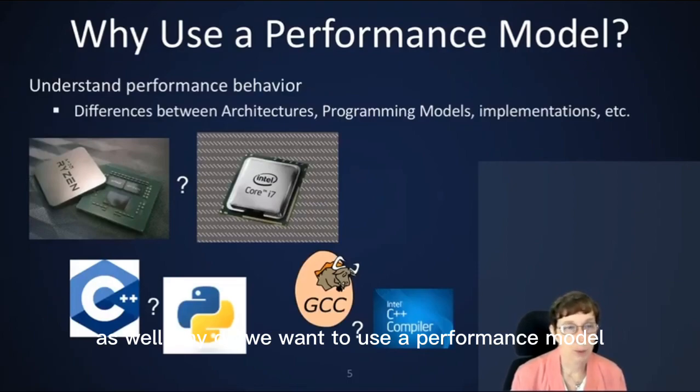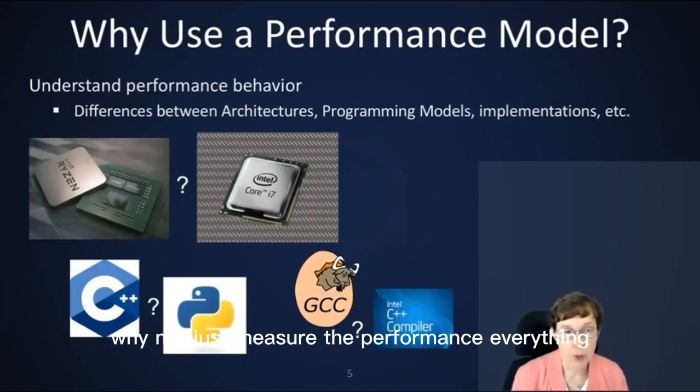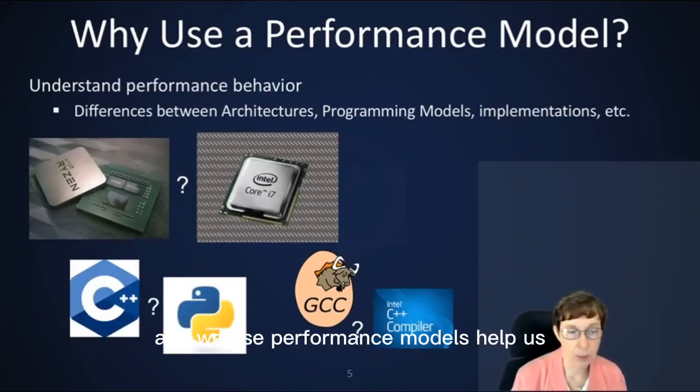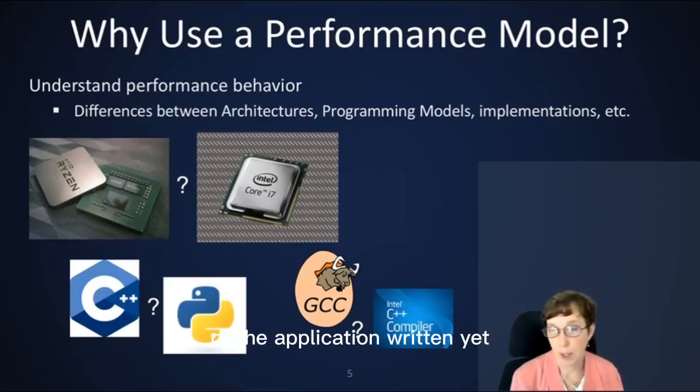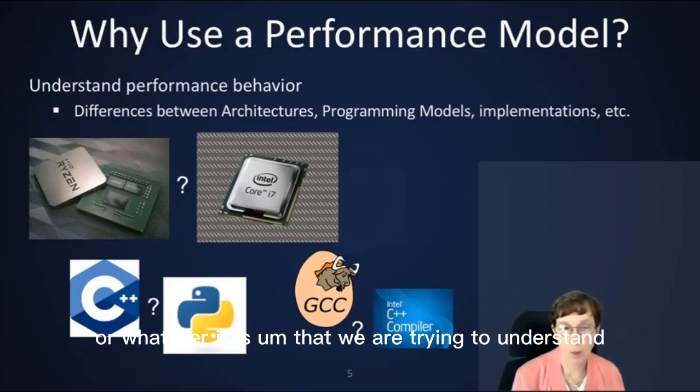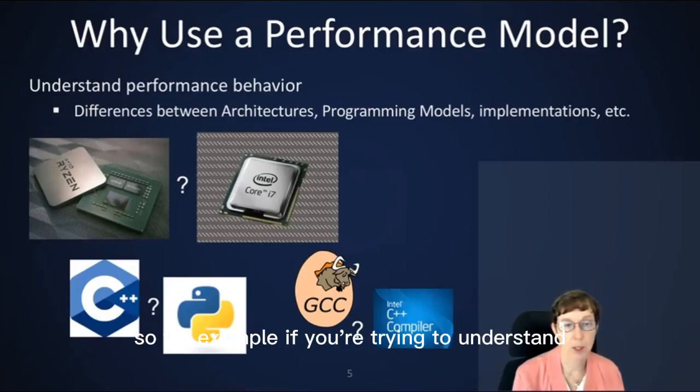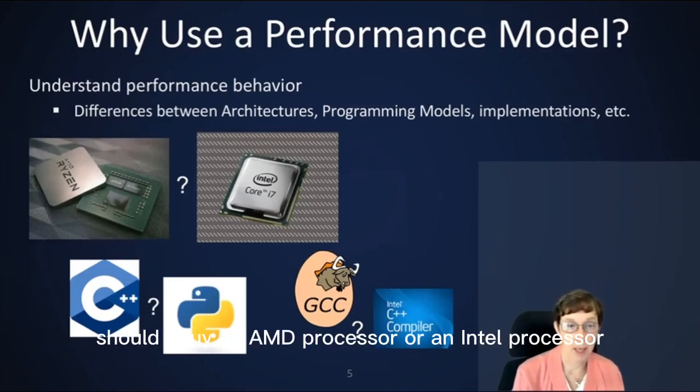Why do we want to use a performance model? Why not just measure the performance of everything? We use performance models to help us understand more about the performance. Sometimes it's because we don't actually have either the hardware or the application written yet, or whatever it is that we are trying to understand. So for example, if you're trying to understand, should I buy an AMD processor or an Intel processor?